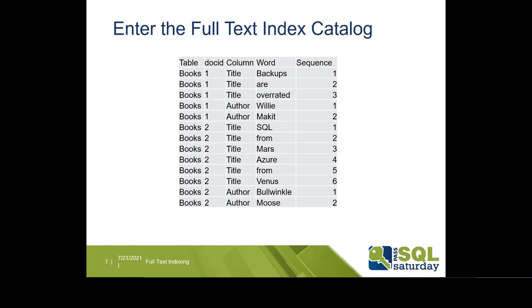And you can imagine if this table did exist, it would be pretty easy for us to imagine creating this table, indexing the heck out of it, and finding the words we wanted. So if we ask the same question, how would we find all the books that have the word Mars in the title? We'd say, well, let's go select from the catalog, where the table is books, where the column is title, and the word is Mars.